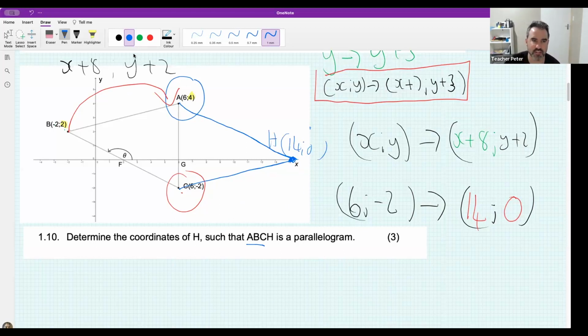Because I took 6, I added 8. So that was, to go that distance, I went +8. And then to go up, I went up by 2, which was the same journey that went from here, +8, +2. So isn't y equal to 2?